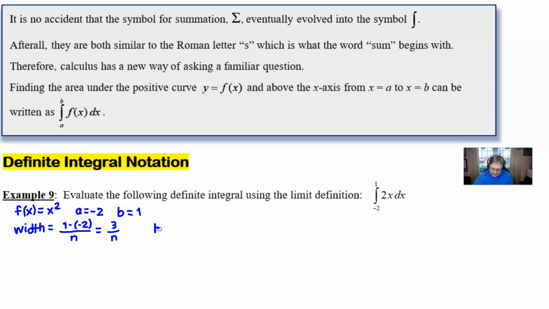And then if you recall, we had a formula for height as well. Now with the height, you have a couple of things that you have to do. First of all, f of, and now in this particular problem, you notice that your a is -2, so you must start at -2 and add your width 3 over n, and at this point you have a choice.